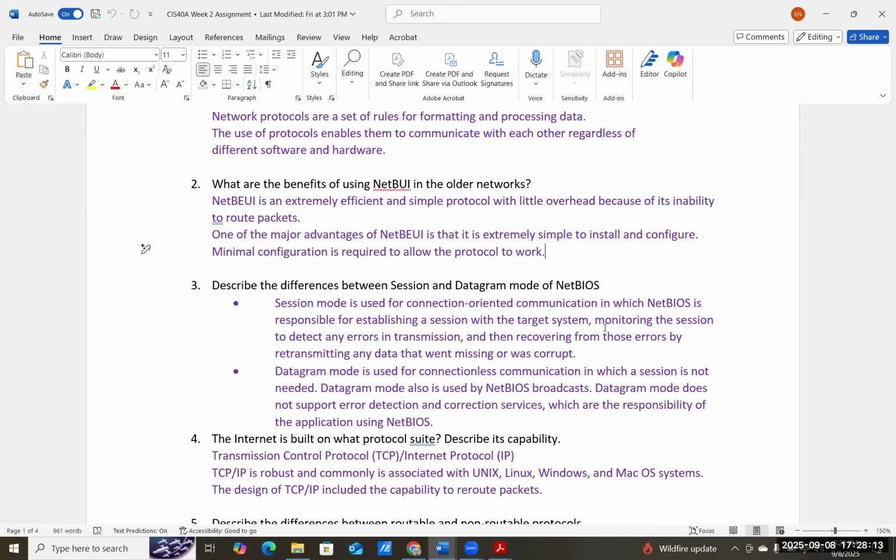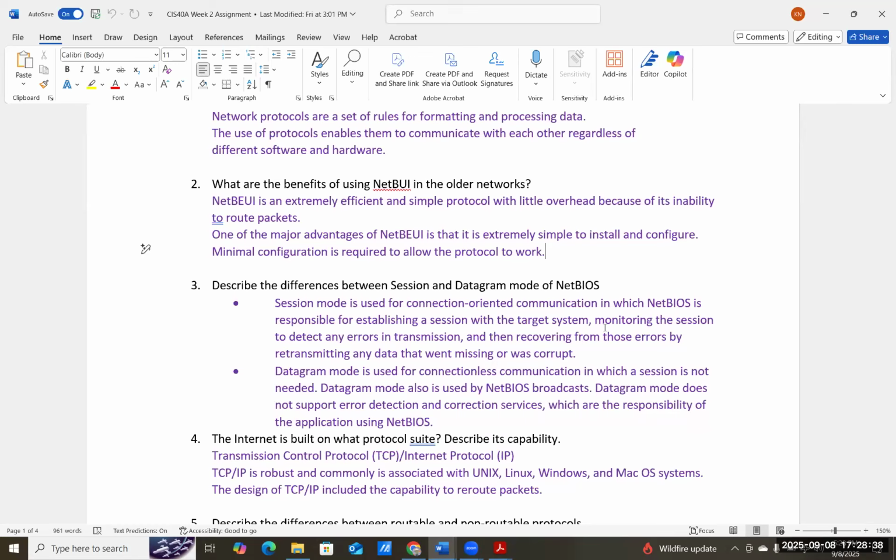That means the connection has to be established in order for the communication to happen. You see this in the current protocol that we use, which is TCP, Transmission Control Protocol. So session mode requires that the connection is established.